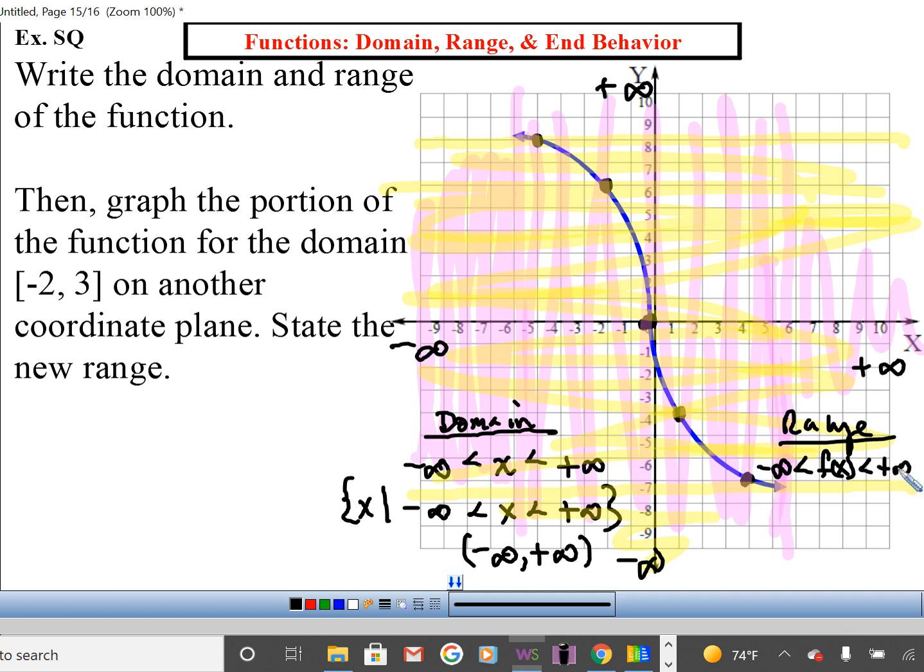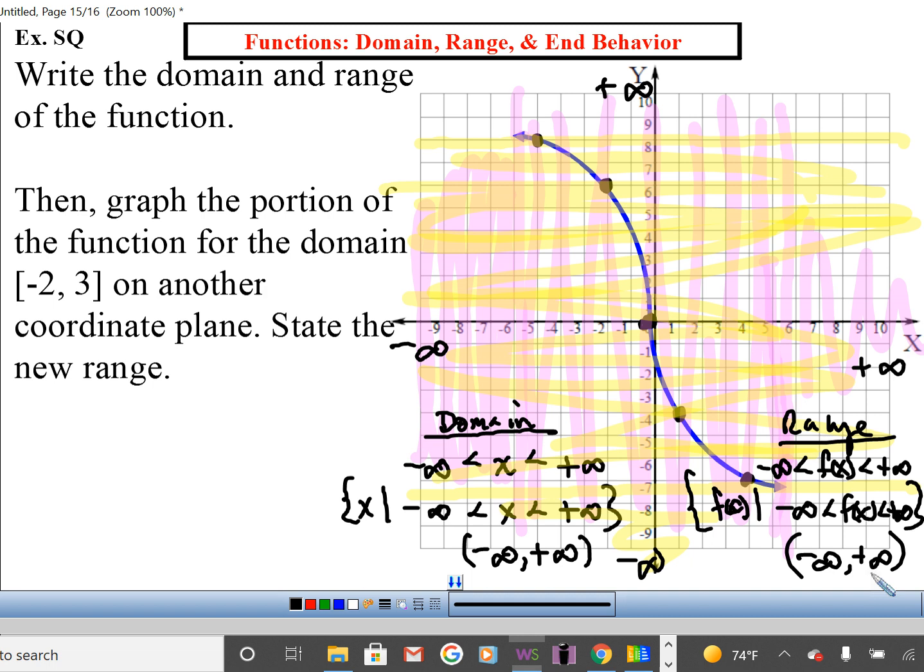Hands up if you got that. That is correct. Set notation, solution set of f of x, such that negative infinity less than f of x less than positive infinity. And interval notation, negative infinity, positive infinity with parentheses. Hands up if you got that. Okay, we good.